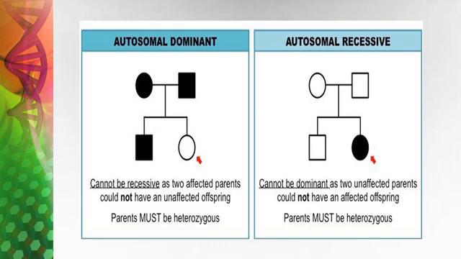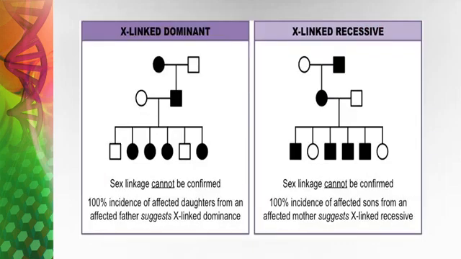The exception is when one parent is homozygous recessive, and then we can say that offspring will be carriers of the condition. For X-linked recessive, the carrier will always be the mother or female.